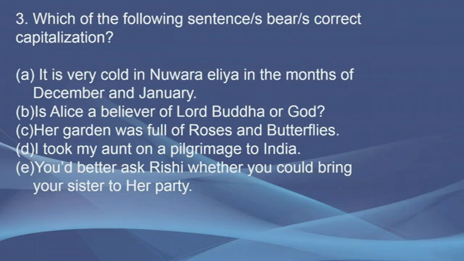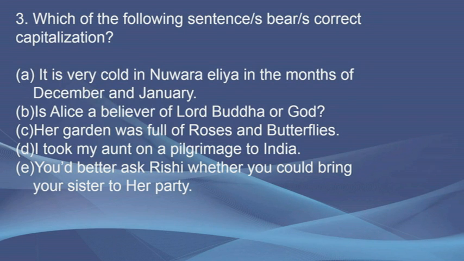So Nuwara Eliya is one of the special names of a town in Sri Lanka. We can see here the word Nuwara has a capital N, but Eliya starts with a simple E. So that indicates something is wrong in that sentence. The rest is okay. December and January have been given with capital D and capital J, which is correct. So what is wrong here is that simple E of Eliya.